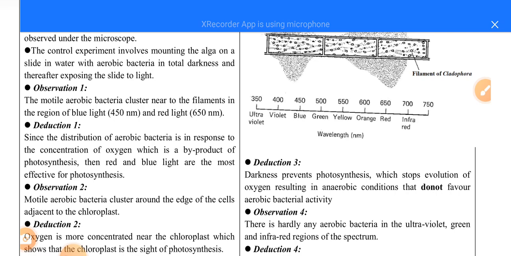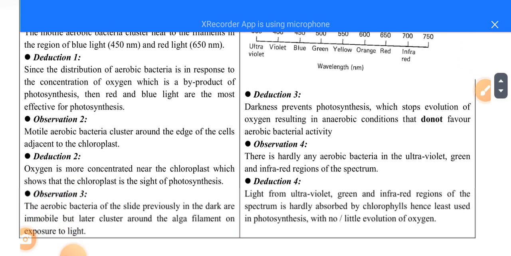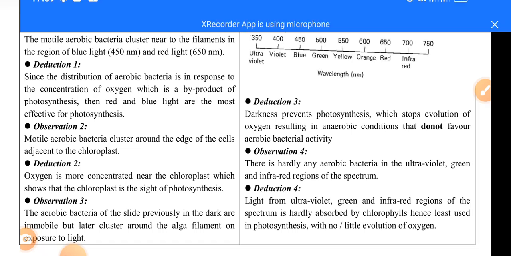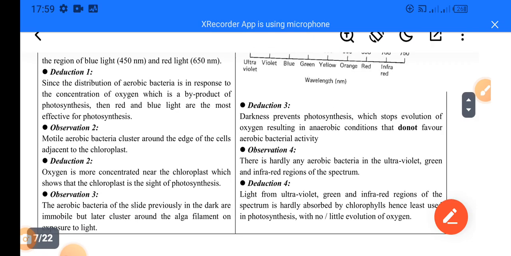Then observation number 4: there is hardly any aerobic bacteria in the ultraviolet region, green and infrared regions of the spectrum.